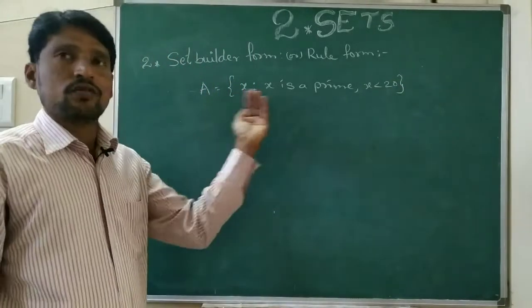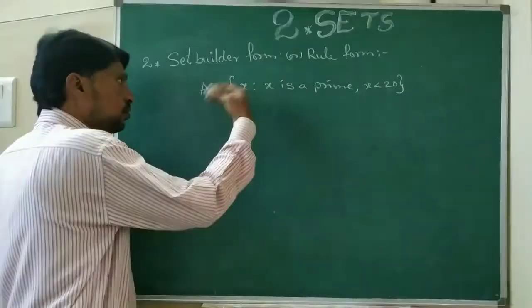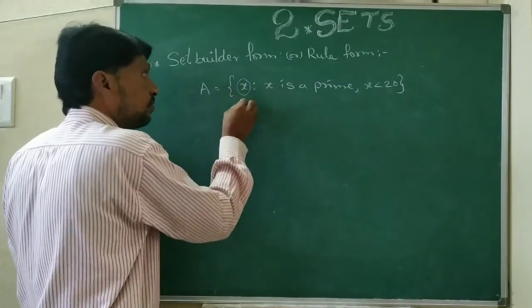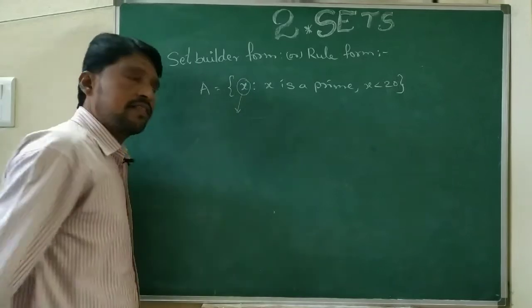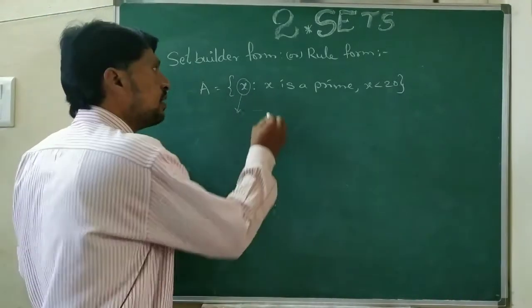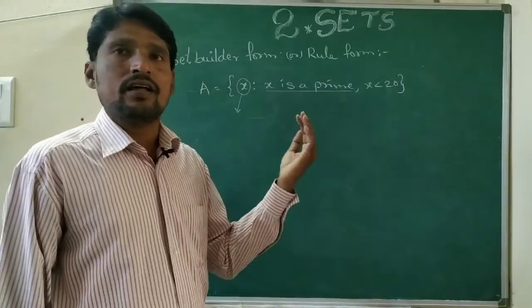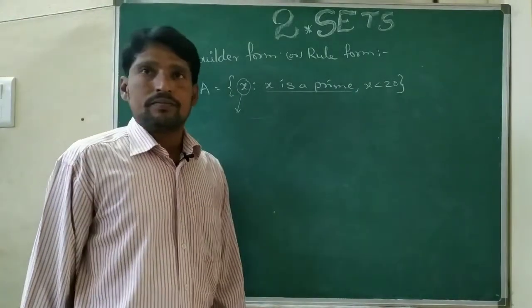So how to read this one? First of all, x is the symbol for the elements. X is a prime, that is the common property.